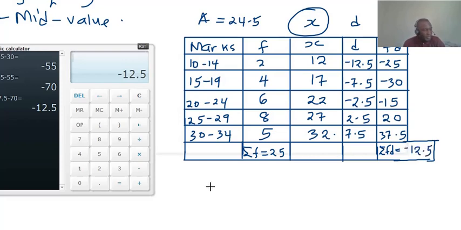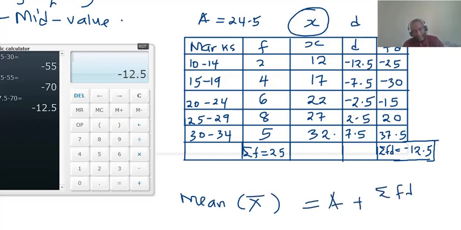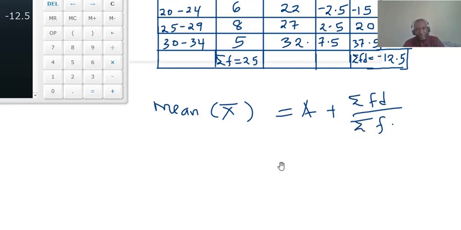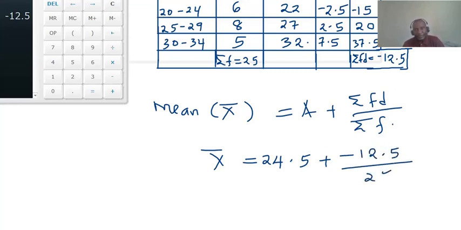So it now becomes very simple for us to calculate the mean. We know that the mean, if given the assumed mean, is going to be capital A plus summation fd divided by summation f, right? So we've got summation f, we've got summation fd. We can now substitute in here to get the actual mean x bar. We know that the assumed mean is 24.5 plus summation fd, this is negative 12.5 divided by 25 here.